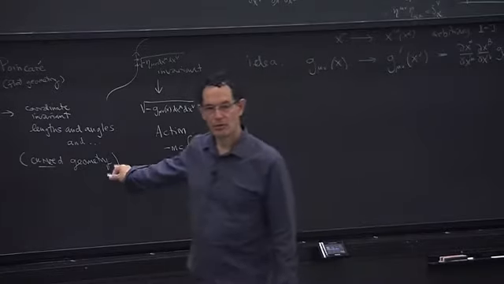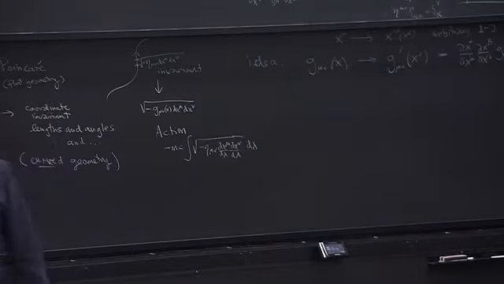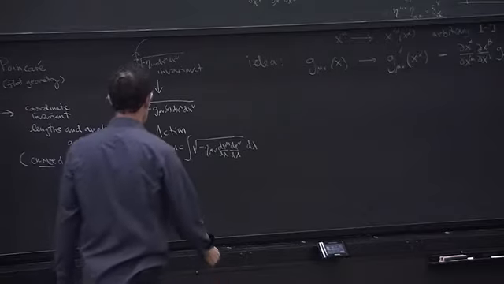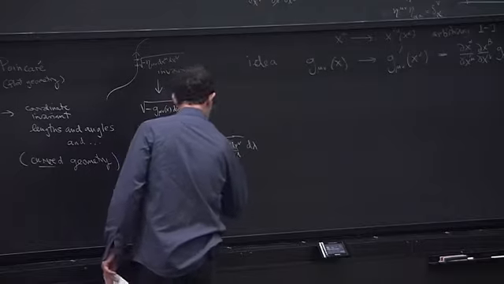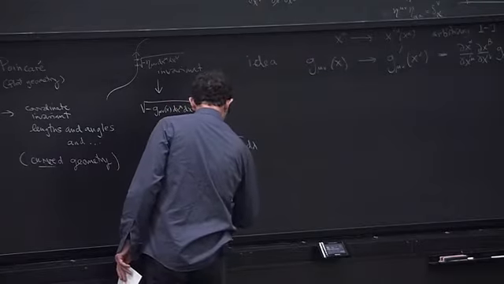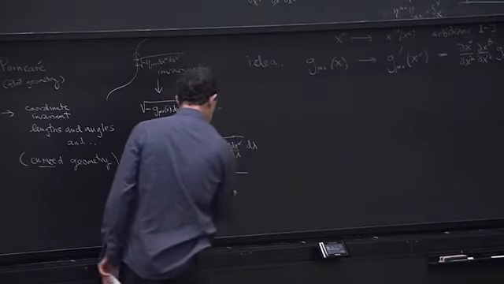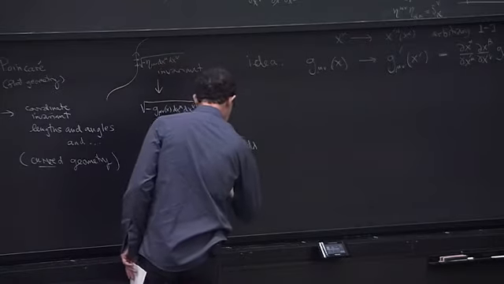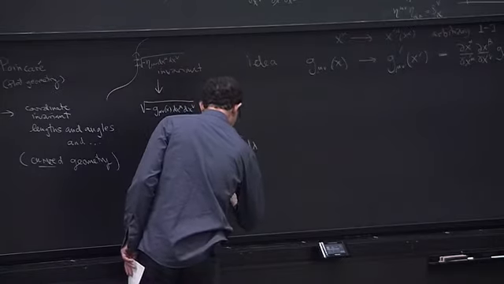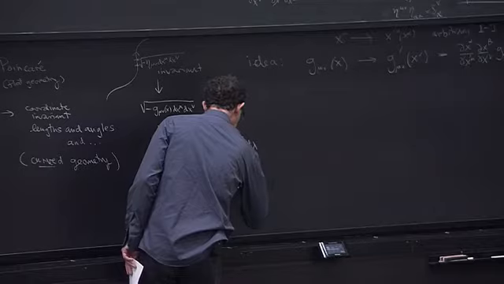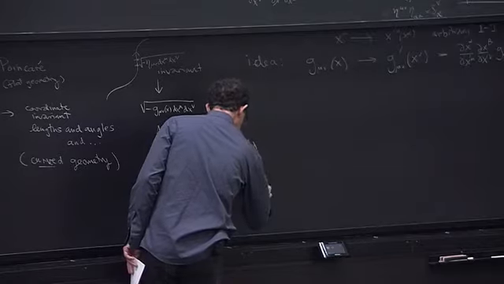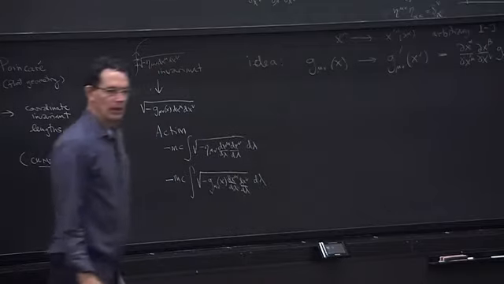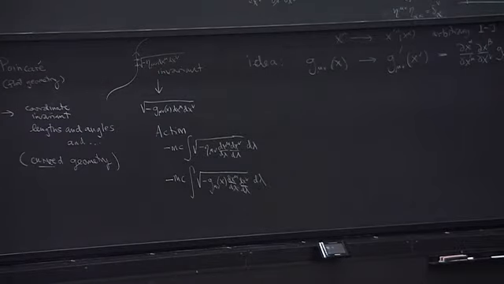Right, that was the action for a free particle, just the length of the world line. Now it's obvious what the action for a particle moving under gravity is. It's just minus g mu nu. The difference is that g mu nu depends on x, so it's a bit more complicated now. Okay, and that was Einstein's insight.